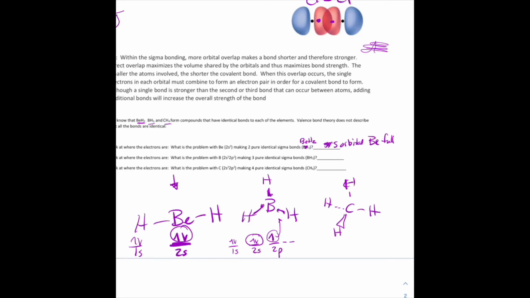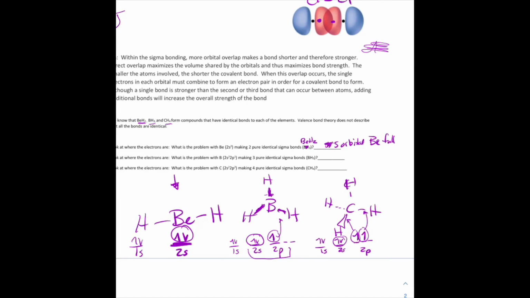You can't do any bonding with it the way it looks right now. Here's the other problem: we do know that there are 3 of these, and we also know that all the bonds are identical. So it's not like you can say one is a 2p overlapping with an s and these two are something else weird. Something is going on to make these all look alike. And then the last case, carbon's 1s, 2s, 2p. Hey, he's got 2, so he could help with that bond and that bond.